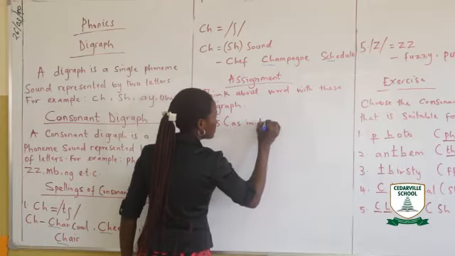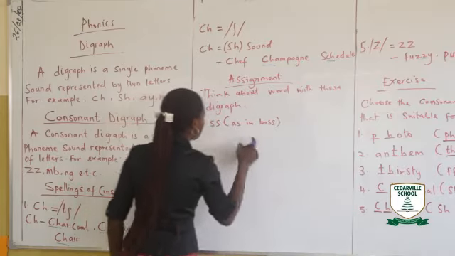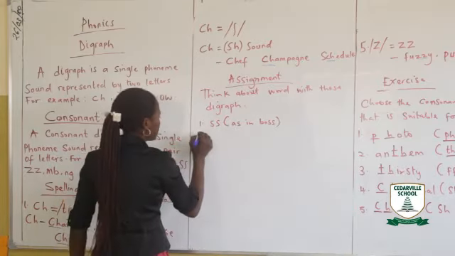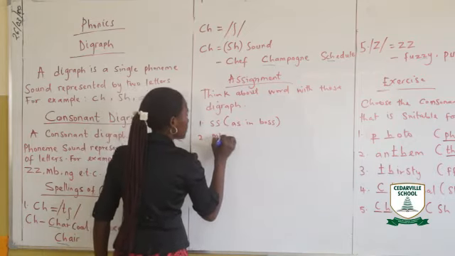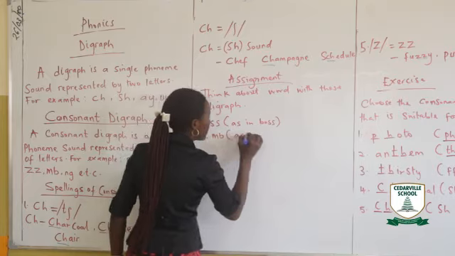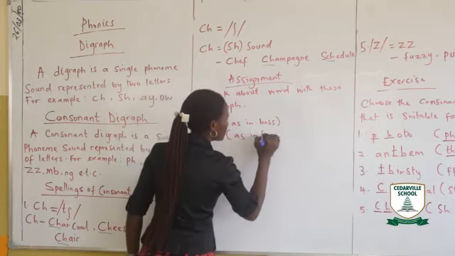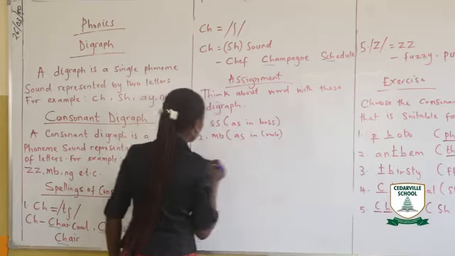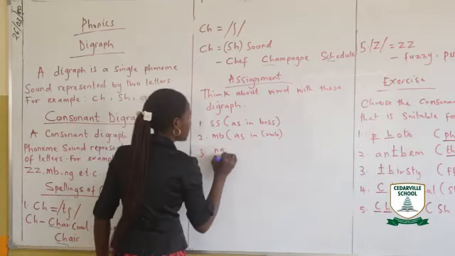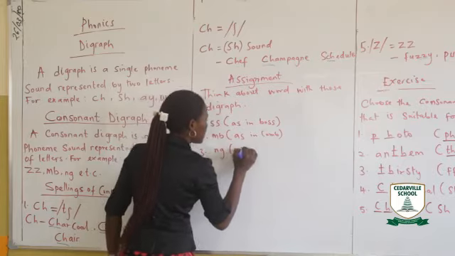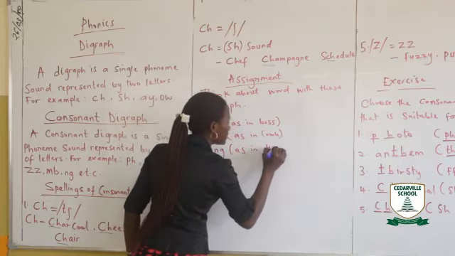As in box. Number two, B as in comb. Then number three, as in king.